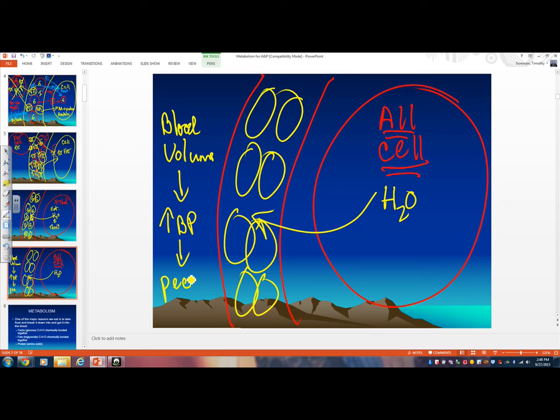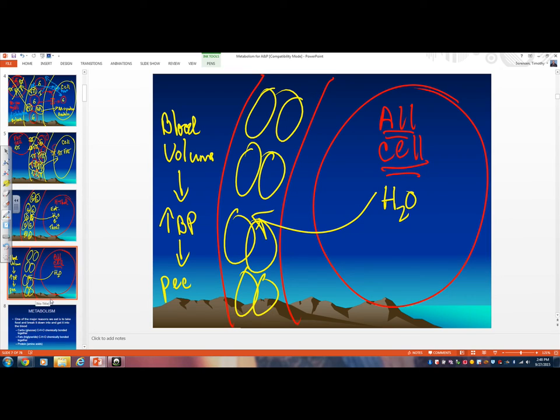So if their blood sugar is high, why is it high? They don't have insulin. So you know that you're going to have to give them insulin. Also, water is getting sucked out of all those cells, and the cells need water for all their chemical reactions. So you're going to have to rehydrate those cells too. So even though they're drinking a lot and peeing a lot, the cells are going to be dehydrated.